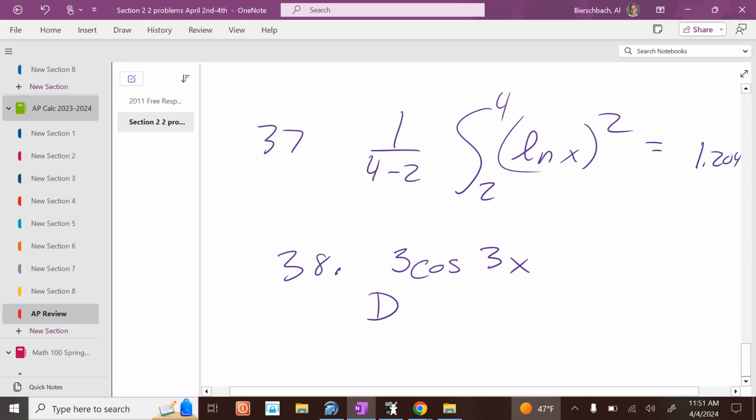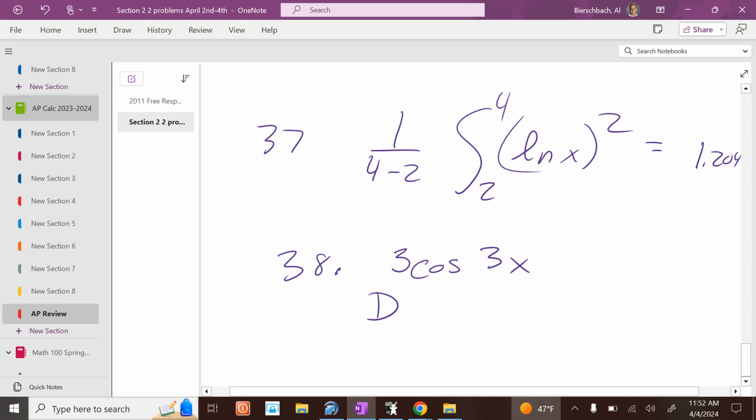The graph of f is shown below. Good. Now it's just f. Which of the following values of x is the first derivative negative and decreasing? So the slope has to be negative. So it's either A, B, or C. So it can't be D. And it's decreasing, so it has to be below.